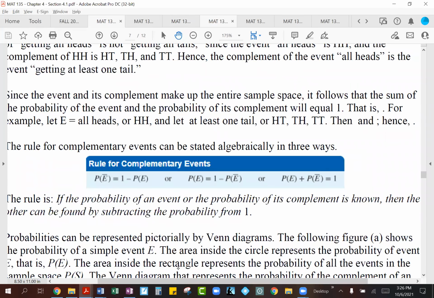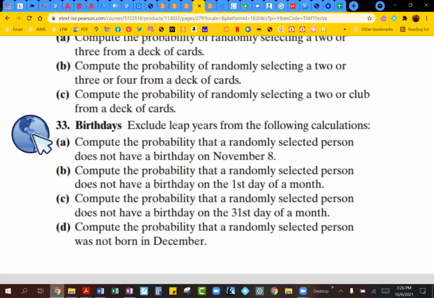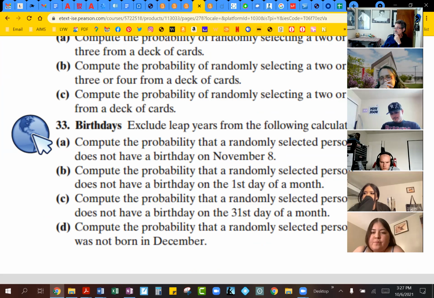So remember, we had talked about complementary events as basically anything that is part of your sample space, but is not part of the event E or event A, or whatever the case might be. So in this example, where we're asking what is the probability that a randomly selected person does not have a birthday on November 8th, you have to think about what is the probability that a person could have a birthday on November 8th.